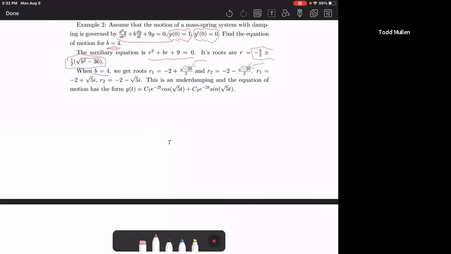So that means we're looking at the first example with complex roots, the underdamped or oscillatory solutions. So our solutions are negative 2 plus root 5 i and negative 2 minus root 5 i. The equation of motion has the form y of t is equal to c1 e to the negative 2t cos root 5 t plus c2 e to the negative 2t sine root 5 t.